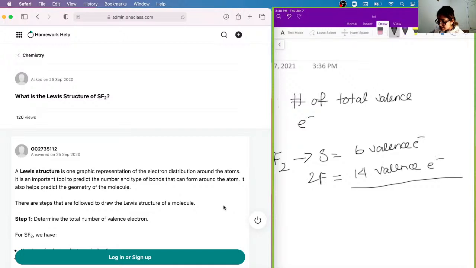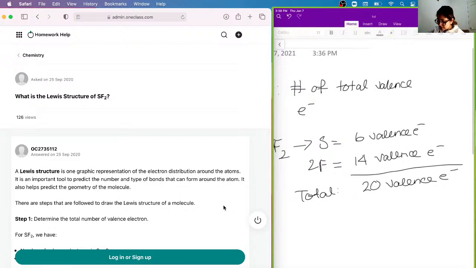So if you add this up, we have a total of 20 valence electrons in total. And so this was step 1.